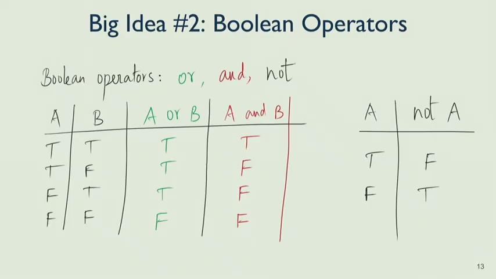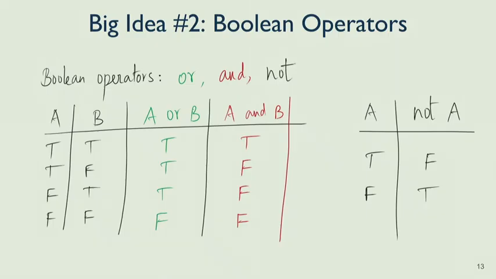No, that's false. A is false. B is true. Are A and B true? No, it's false. A is false. B is false. Are A and B true? No, it's false. Only if the two things on either side of the and are both true, then it evaluates to true. Does that make sense? Okay.